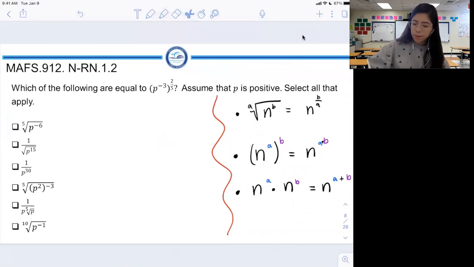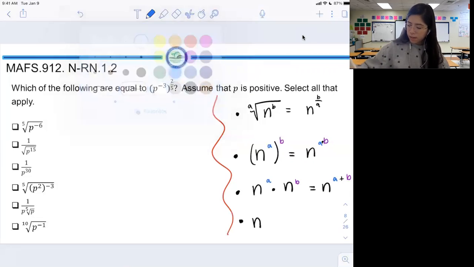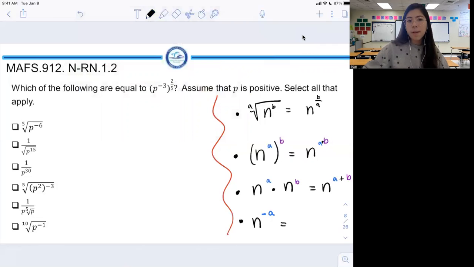Let me add one more: n to the power of -a, so any negative exponent, equals one of them is D. We'll see.